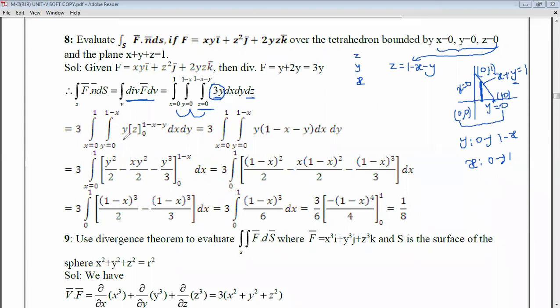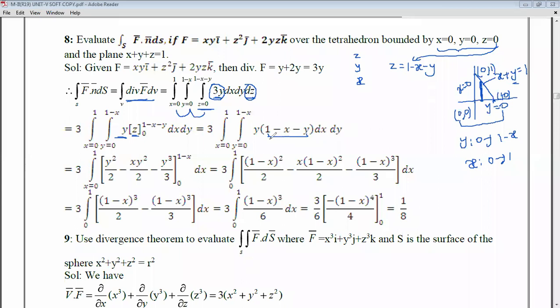So I wrote 3 outside, and y into integral dz is simply z between the limits 0 to 1 minus x minus y. And then 3, integral 0 to 1, integral 0 to 1 minus x, y as this. In place of z, we substituted the upper limit 1 minus x minus y and lower limit 0, nothing will change. So dy dx.